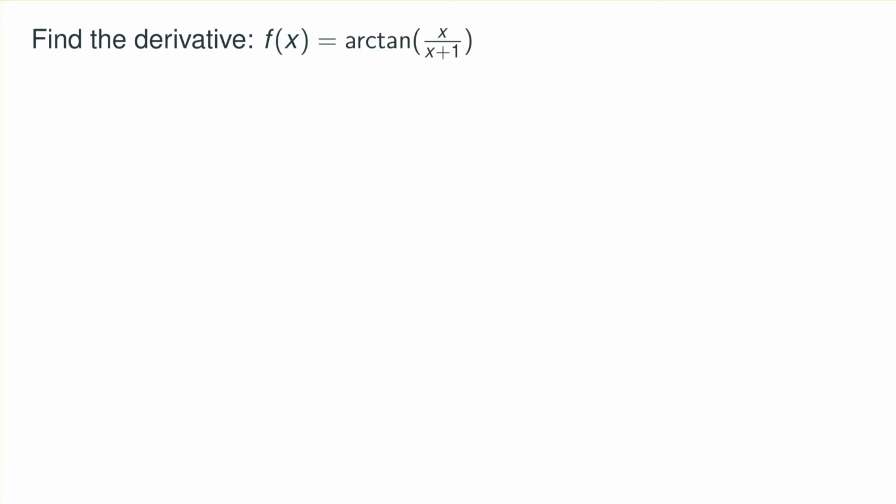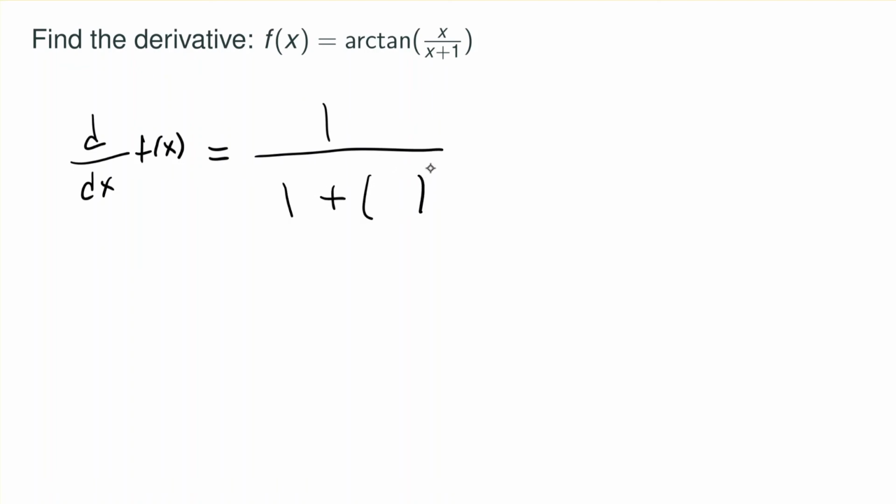Find the derivative of arctangent of x over x plus 1. So here we do have to use chain rule. But first, we have to apply the arctangent derivative because that's the outside function. Arctangent function derivative tells us that it is 1 over 1 plus the argument square.